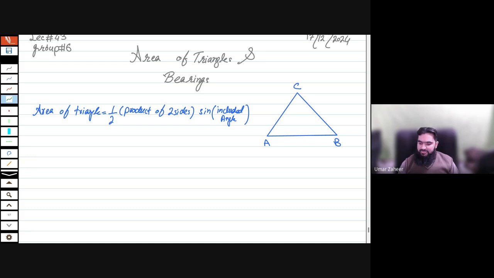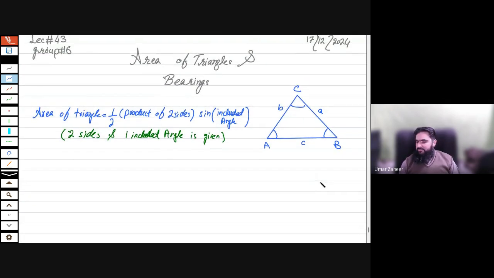You have to use this formula when two sides and one included angle are given. For example, this is angle A, this is angle B, this is angle C. The side opposite to A is small a, opposite to B is small b, opposite to C is small c.